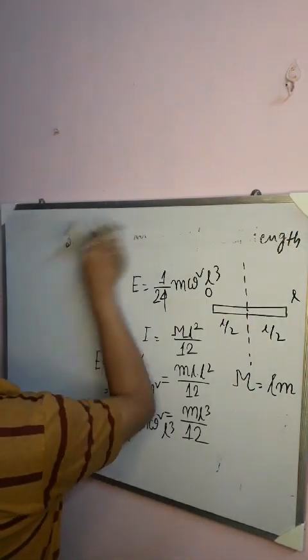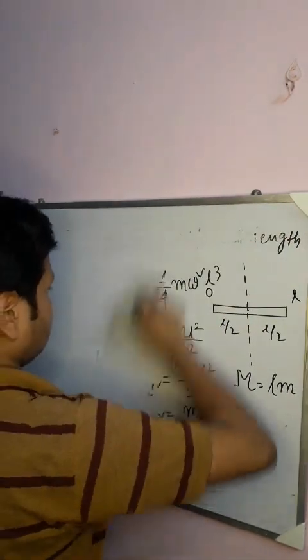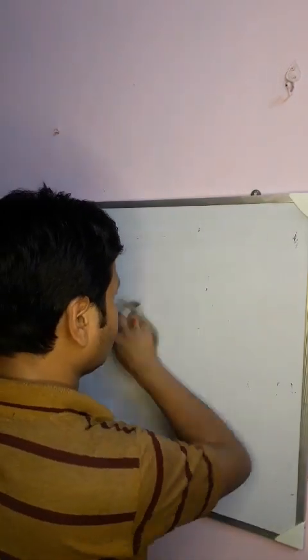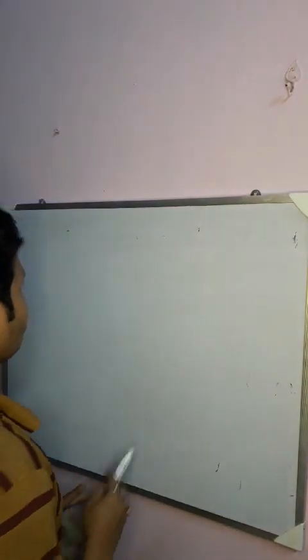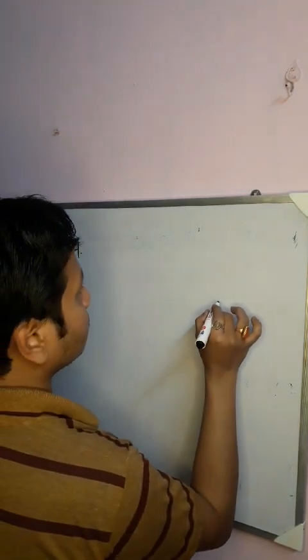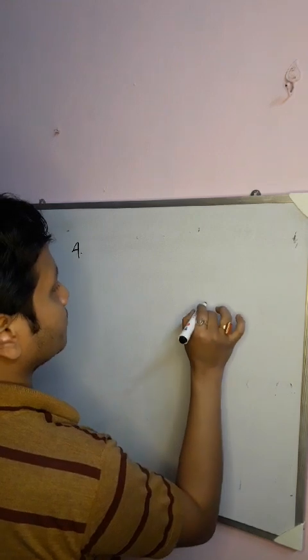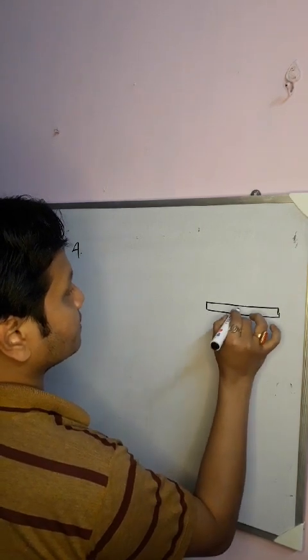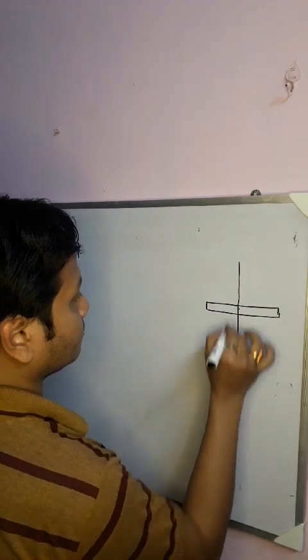Now the next numerical, that is today's last numerical. Say this is a rod of length L and this is the center of gravity.